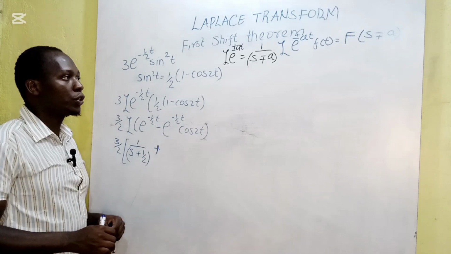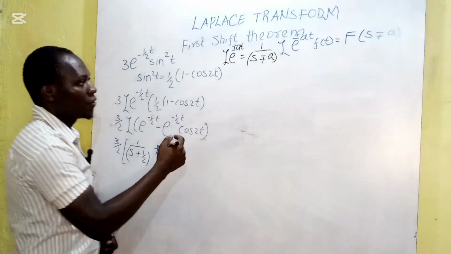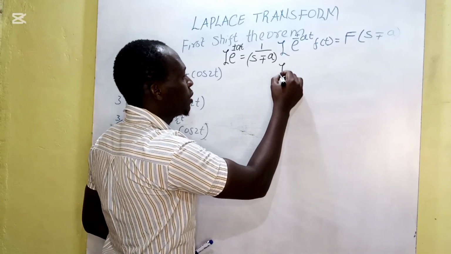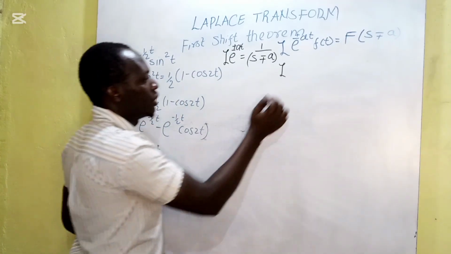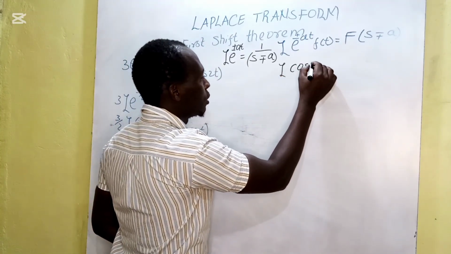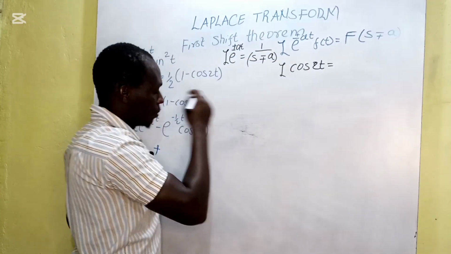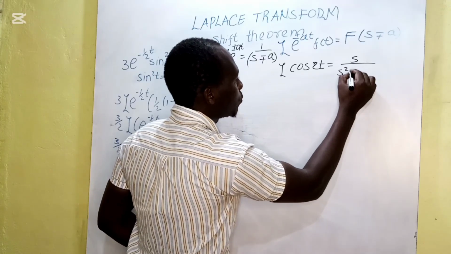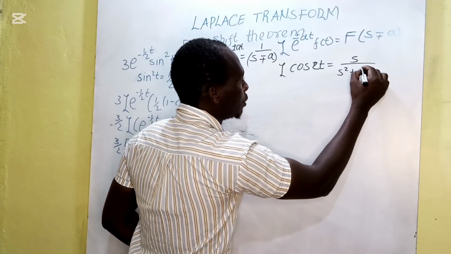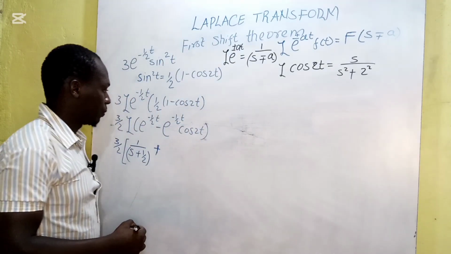Here now we are going to use the first shift theorem. We agreed that when it comes to the first shift theorem, it is going to be the Laplace transform of our function f of t, which is equal to cos 2t, which is going to be s all over s squared we add 2 squared, which is equal to 4.